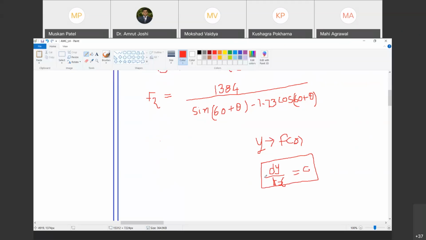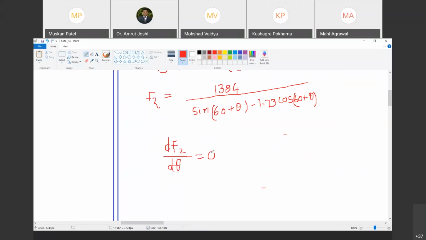Yes, sir. So look, if I want to minimize F2, what do I have to do? I will have to say that df2 by d theta is equal to 0. Do you agree with me? Yes, sir. df2 by d theta must be equal to 0, and d square f2 by d theta square should be positive. This is the condition for minima.